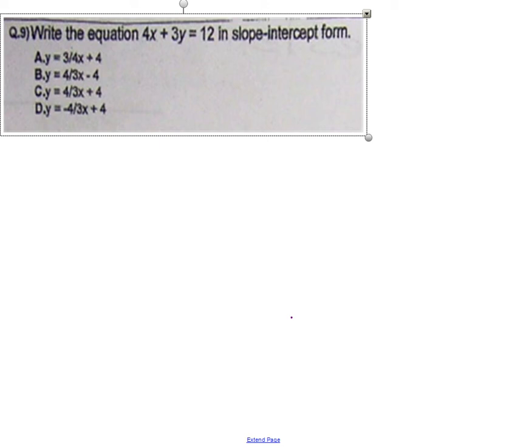I'm getting sick of these slope-intercept questions. Alright. We've done this one before. Remember, for it to be in slope-intercept form, x and the constant have to be on the right side, and y has got to be all by itself.